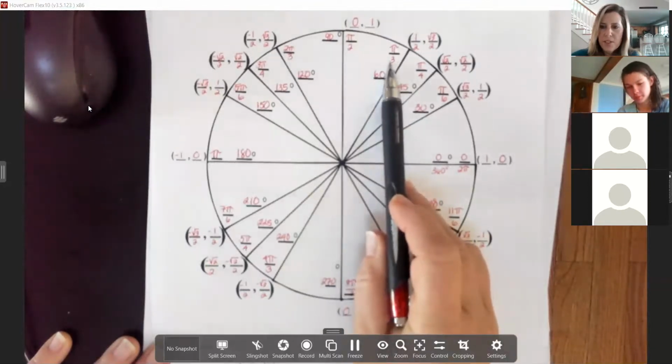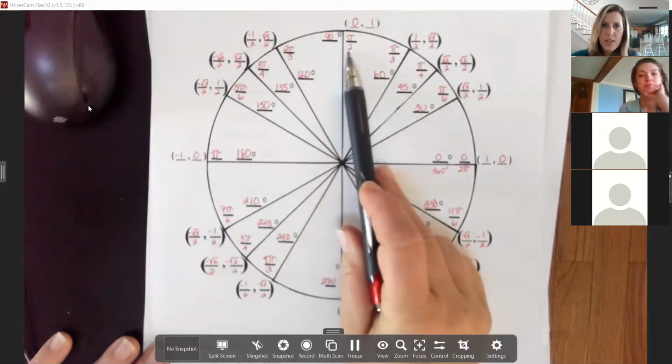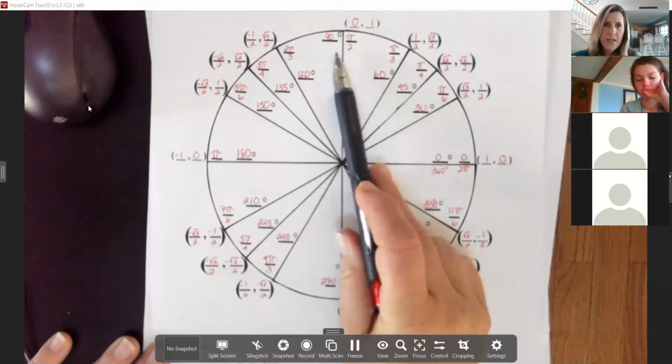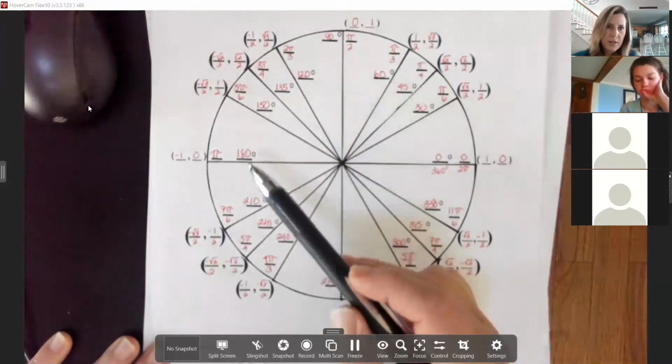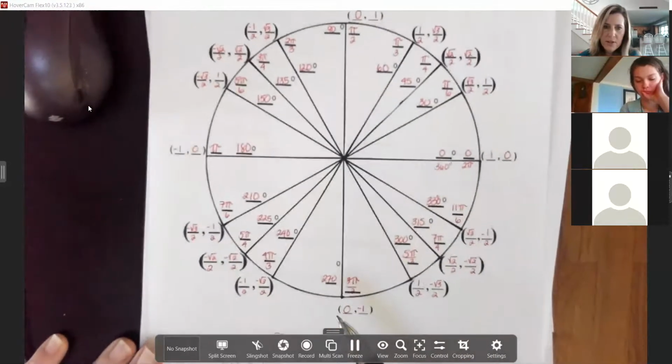But what is 2 pi over 6 reduced to? Pi over 3, right? The next 30 degrees would happen at 90 degrees, which would then be 3 pi over 6, which reduces to pi over 2. And so on, so on, so on. Does that make sense? All the way around the pattern.